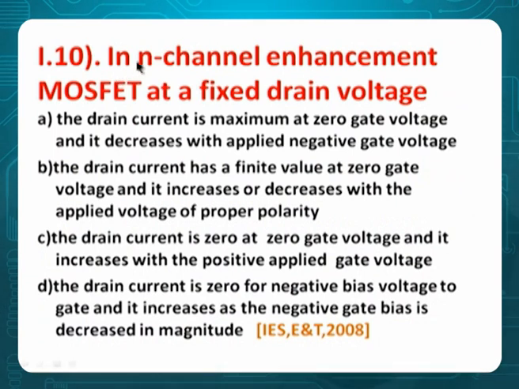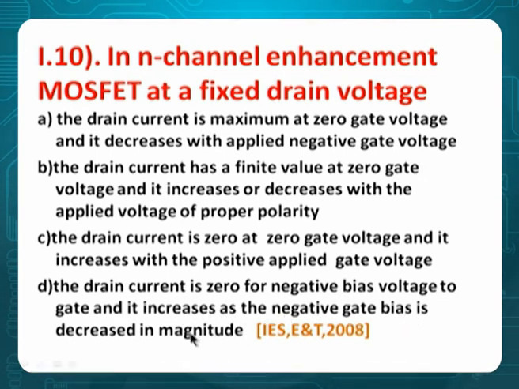Problem 10. In an N-channel enhancement MOSFET at a fixed drain voltage, the options are: the drain current is maximum at 0 gate voltage and decreases with applied negative voltage; the drain current has a finite value at 0 and increases or decreases with applied voltage of proper polarity; the drain current is 0 at 0 gate voltage and increases with positive gate voltage; the drain current is 0 for negative bias and increases with negative bias.